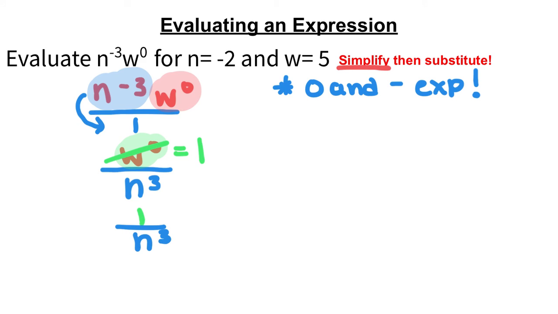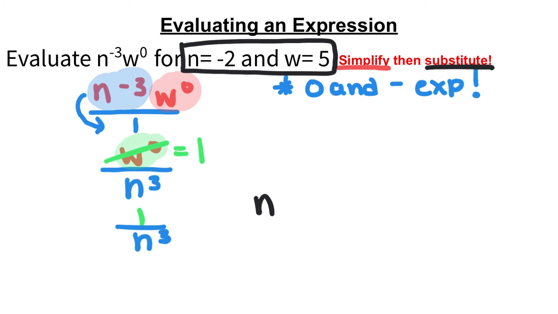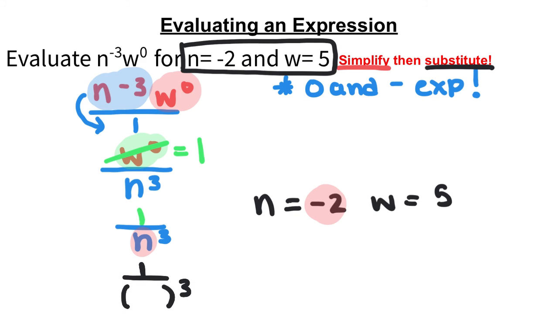So I can rewrite this as 1 over n to the third. Now the last thing we have to do is substitute and simplify using what we're given. It says n equals negative 2 and w equals 5. So if I'm substituting, I see that on the bottom I have an n. I'm going to replace it with the negative 2. So it'll be 1 over the value of n, negative 2, to the third.